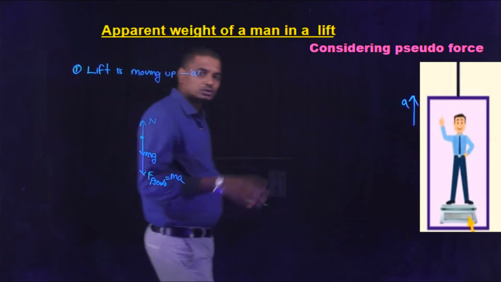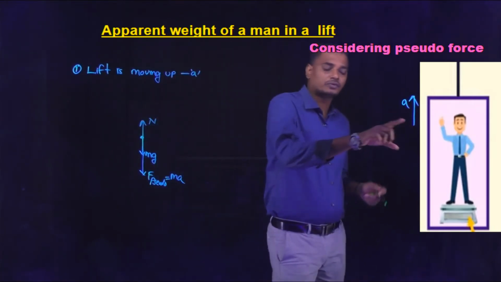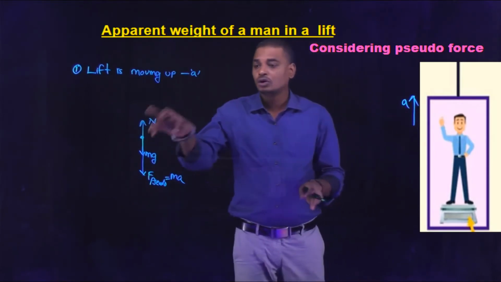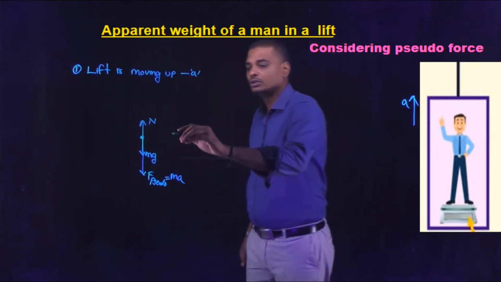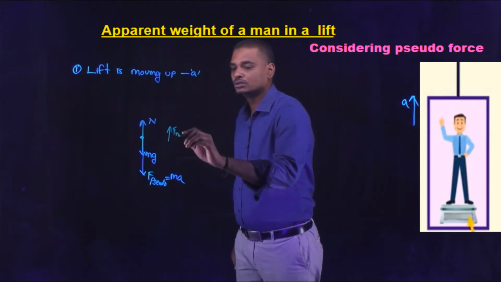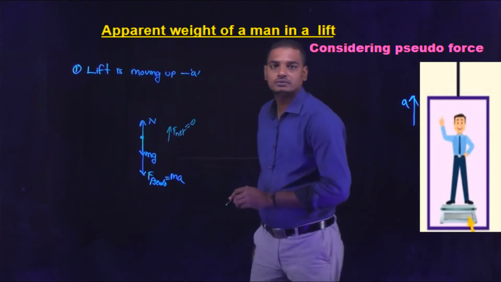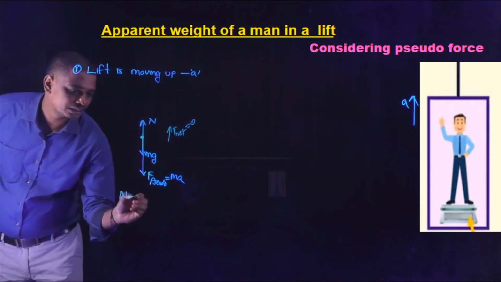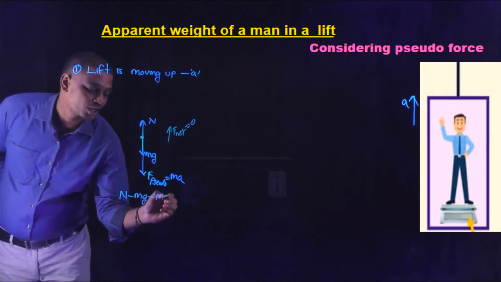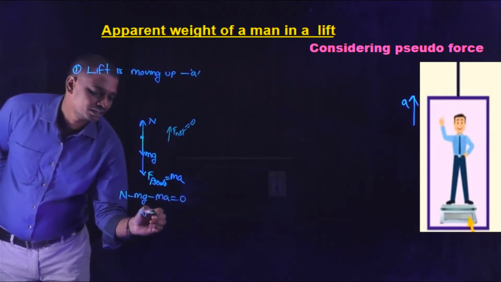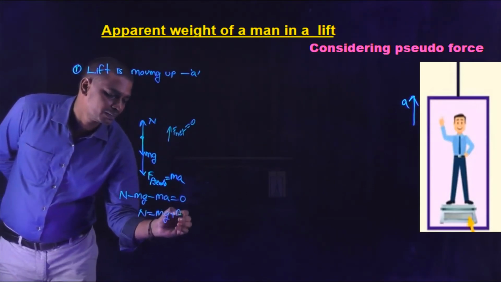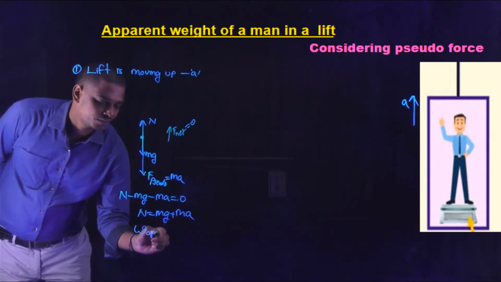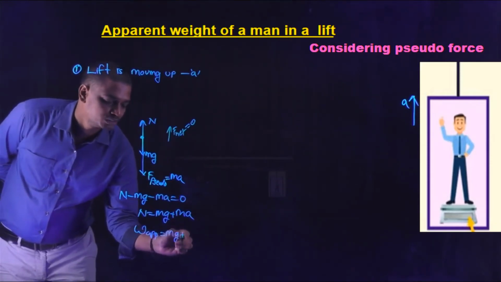According to the frame of reference of the person inside the lift, they are stationary, at rest. So the net force acting on the body should be equal to 0. The equation can be written as N minus mg minus ma is equal to 0, or N is equal to mg plus ma, which means the apparent weight of the man is equal to mg plus ma.